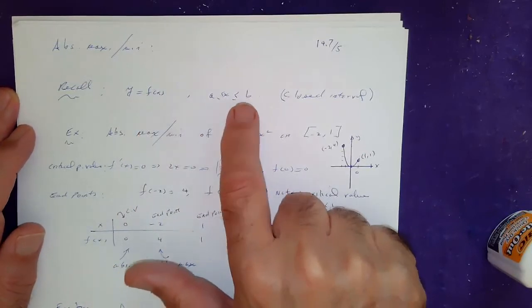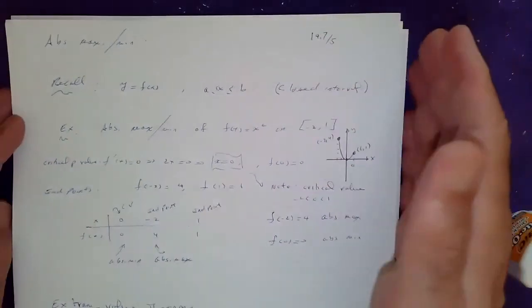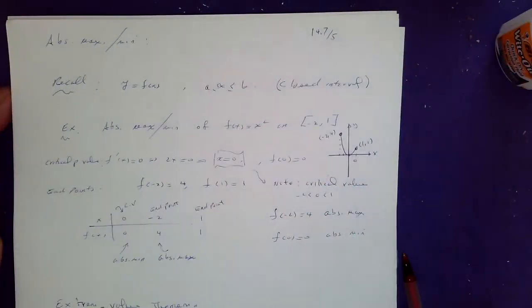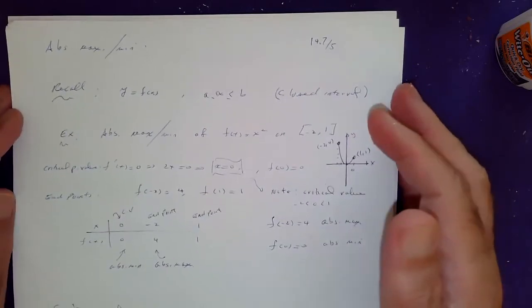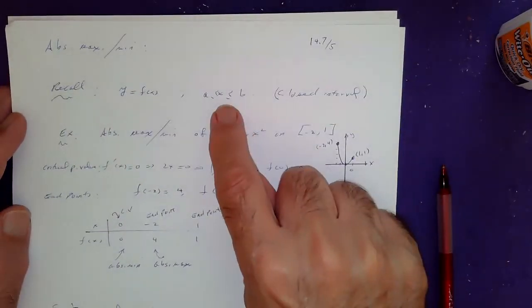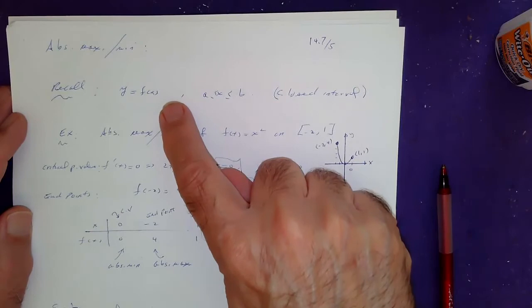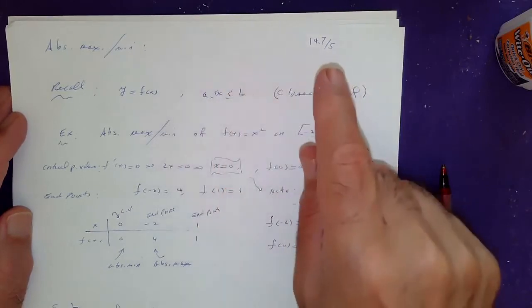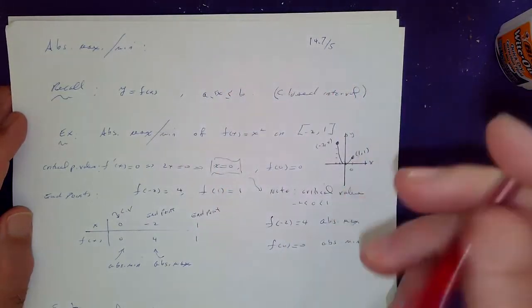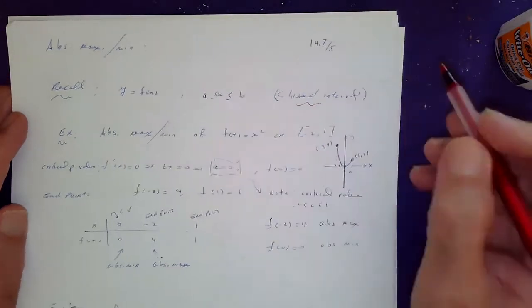In other words, you have to give me a limitation. Otherwise, I can't go find absolute maximum or minimum if you tell me the sky is the limit. So you got to put some sort of restriction on the domain, so that I can find the absolute maximum or minimum. In other words, you got to give me a closed interval.